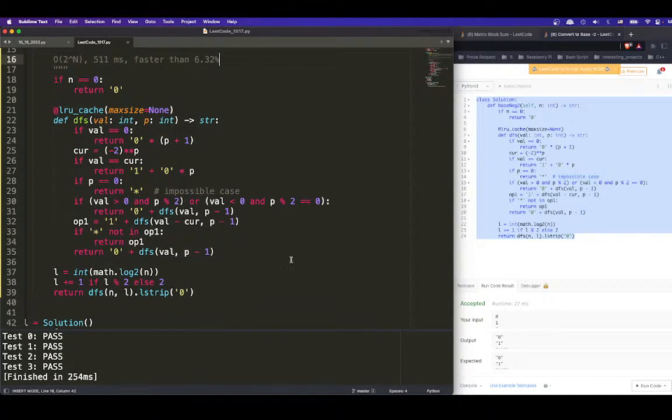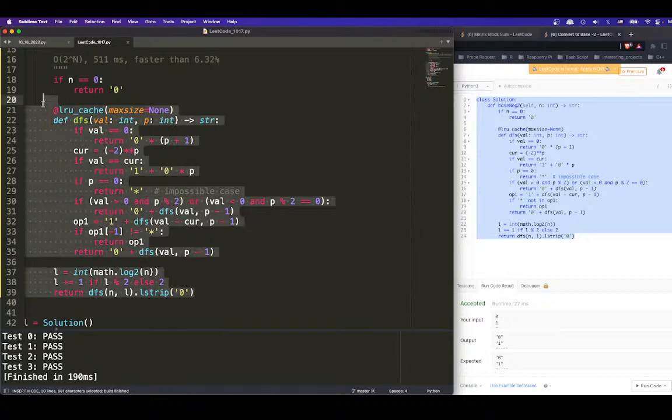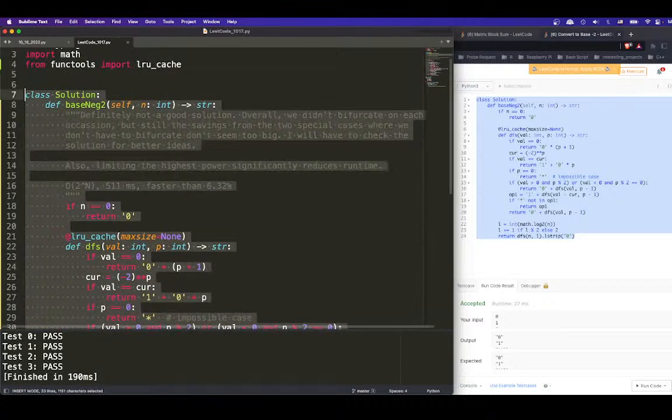Alrighty, that's about it, right? I mean, maybe we can just say, well, let me save some time. I don't know, OP minus 1 is not equal to star. Maybe. Does this one make it a little bit faster?